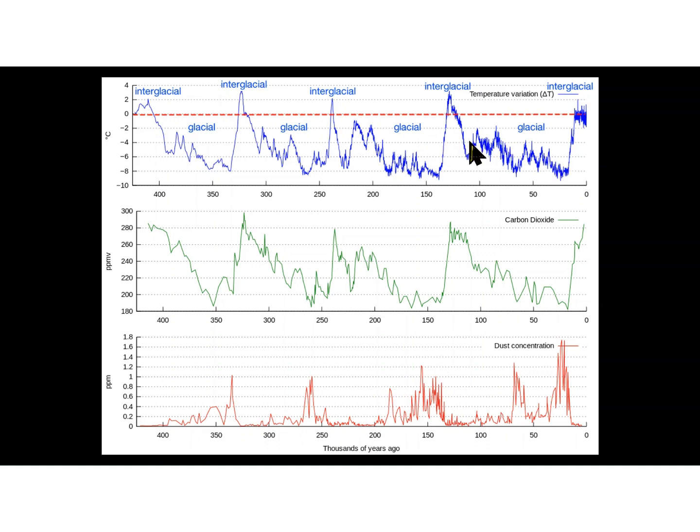Anyhow, it starts to get uncomfortable because temperatures are dropping more and more. They were dropping here for roughly 100,000 years. Carbon dioxide is dropping, but we don't talk about that right now. And dust is increasing, and this could be the most hindering for them.